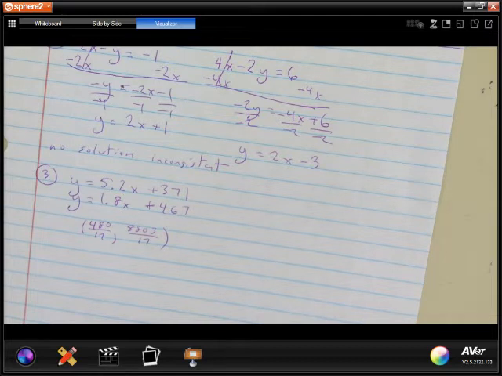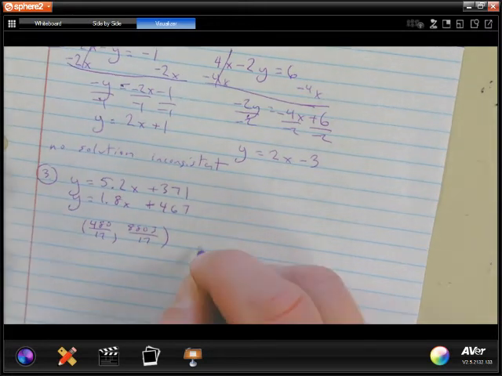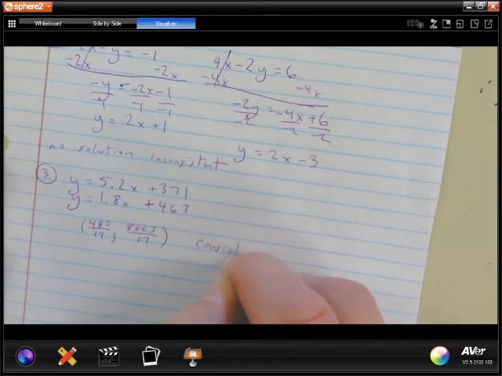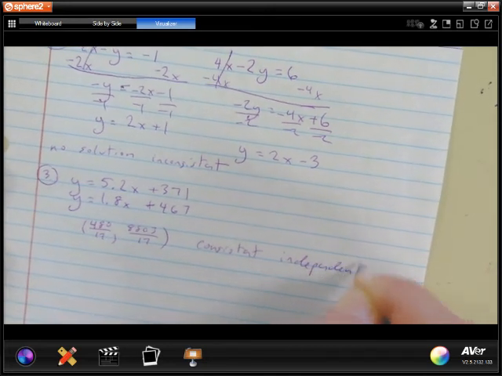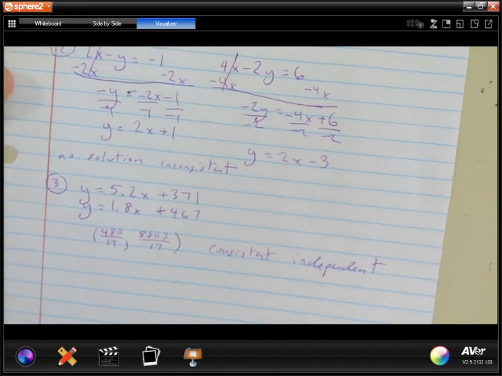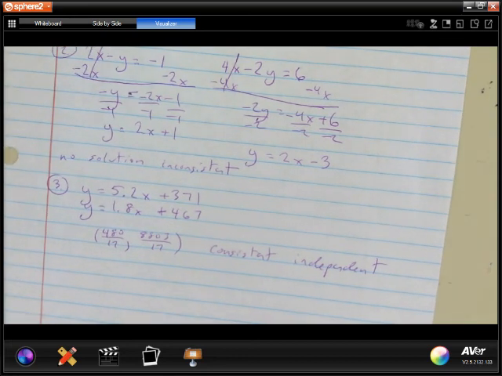Jackson, which one is this? This is consistent independent. Consistent and independent. All right, and that is the end of the problem.